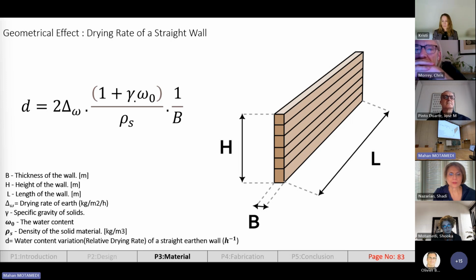If we have a wall with height h, thickness b, and length l, you can see the relative drying rate is inversely proportional to the thickness of the wall, meaning that thinner walls will have their material mechanical performance increase faster than thicker walls. This is a very considerable note, because the geometry can have an effect on the material properties.